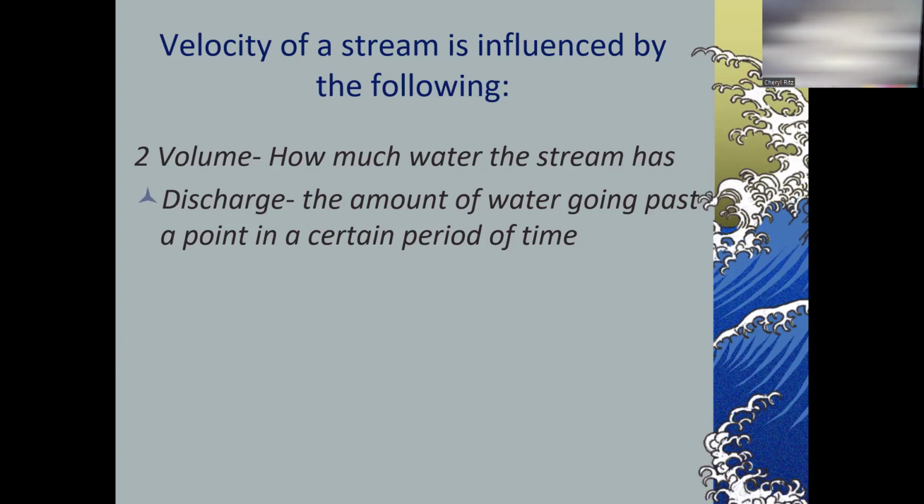So discharge is just the amount of water going past a point in a certain period of time. What I just Googled is the discharge of the Niagara River over Niagara Falls.